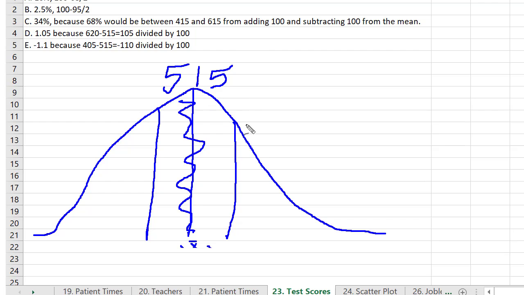So this value right here is 615, and this one is below the mean, so that's 100 less, because it said the standard deviation is about 100. So this one would be 415. So what that means is that this area here is 68%.